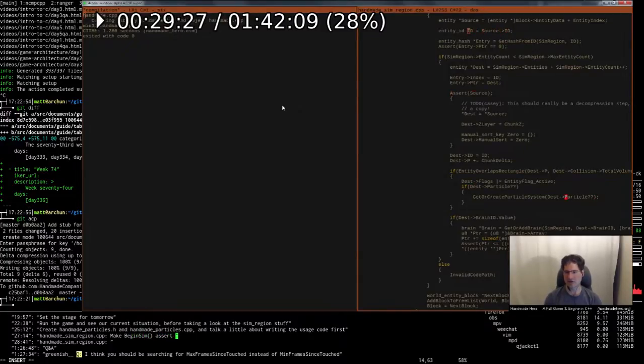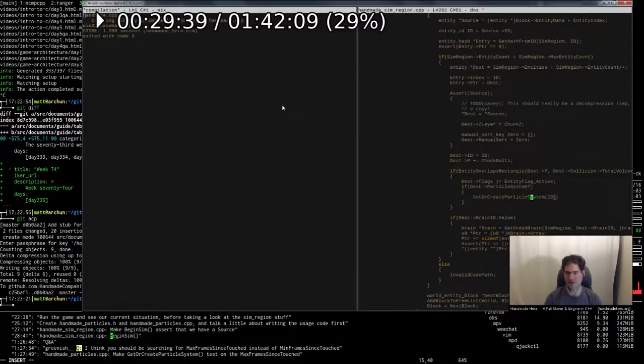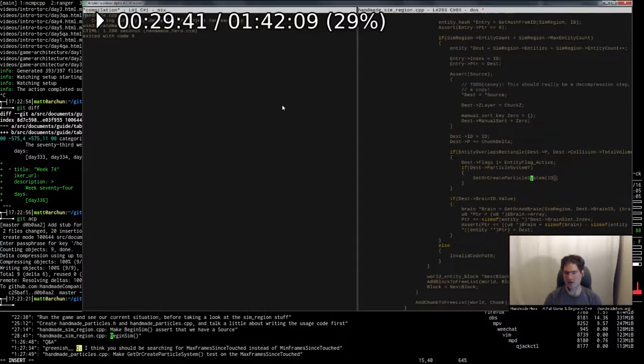So I just need to do something where I say, okay, if this entity has a particle system, whatever that means, then I want to get or create one with the particle system manager or whatever.